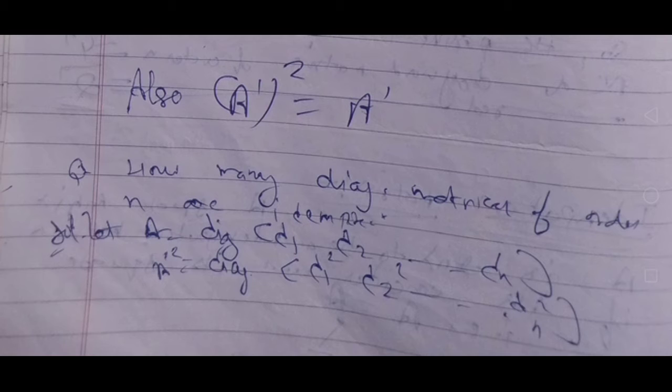Now see this question: how many diagonal matrices of order n are idempotent? Solution says, let's suppose A is some diagonal matrix with entries d1, d2 up to dn. Then A square will be again a diagonal matrix with entries d1 square, d2 square up to dn square.